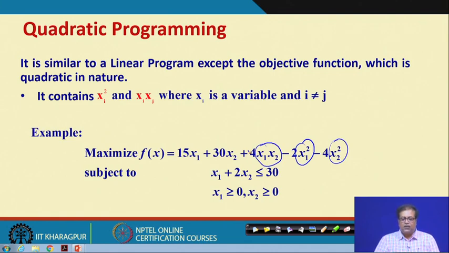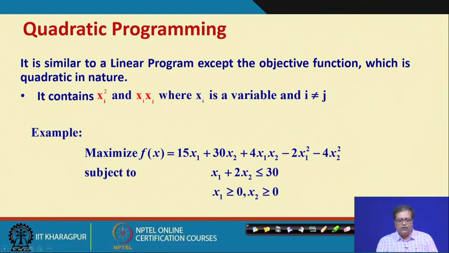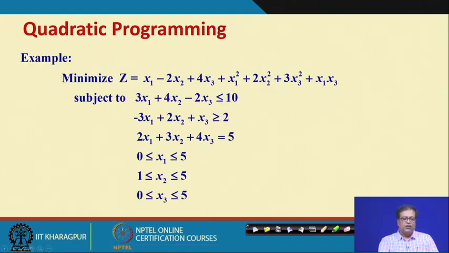When we have such kind of terms, we call it quadratic programming. Quadratic programming has its own methods of solving, which we shall see in due course of time. Here is another example, where again you can see the square terms or the product terms. When you have such situations, we call them quadratic programming, all right.